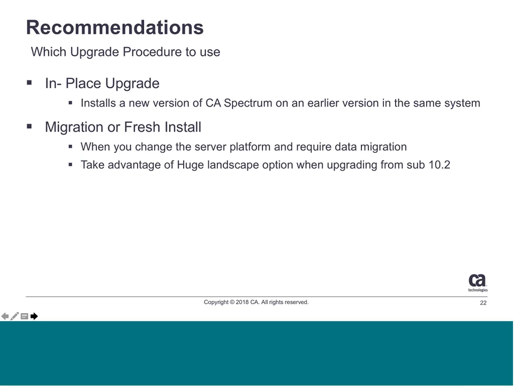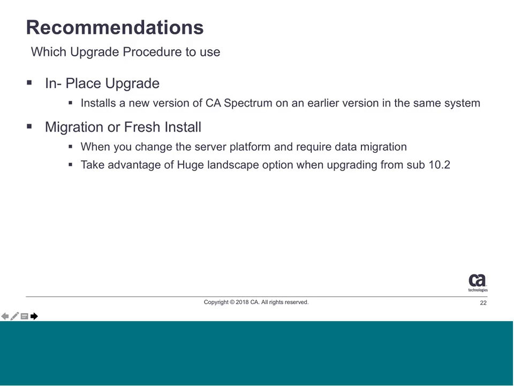Whereas a migration or a fresh install is typically when you change the server platform and require data migration. And of course, we talked about in the cumulative features and enhancements about the 64-bit architecture and the huge landscape options.